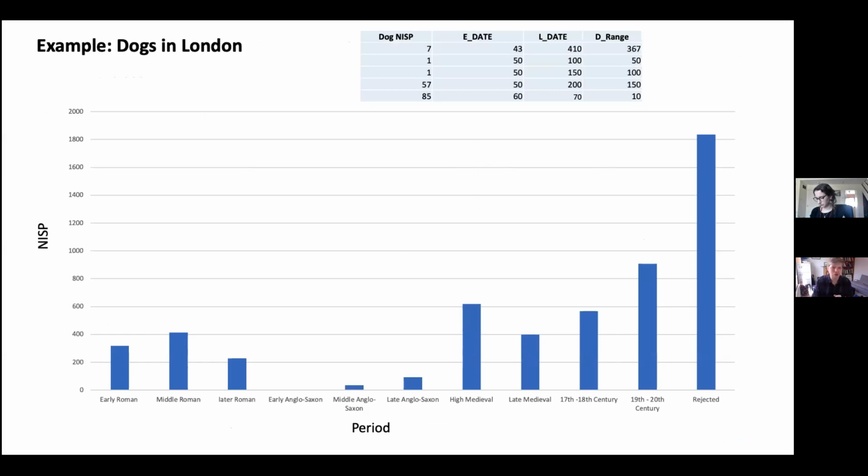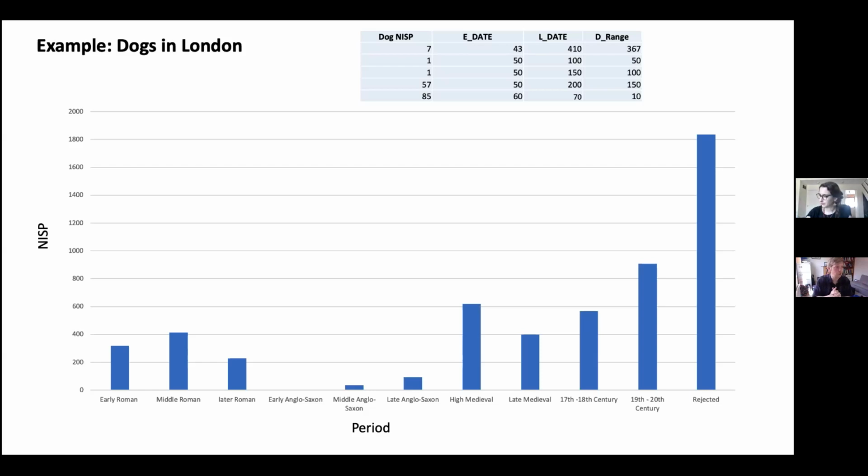But you'll notice the majority, the largest bar in the chart, is the one on the right, which is rejected, which basically represents dog remains that I couldn't put into one of these archaeologically defined time periods because their date range was just so long. And the table at the top shows an example of that.